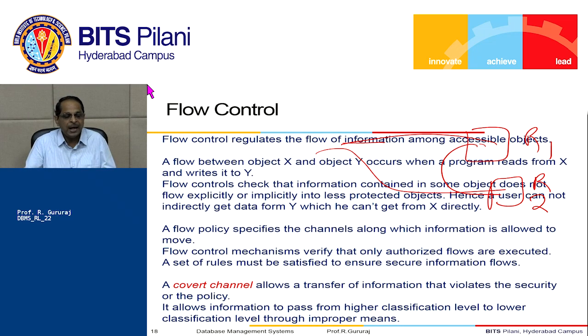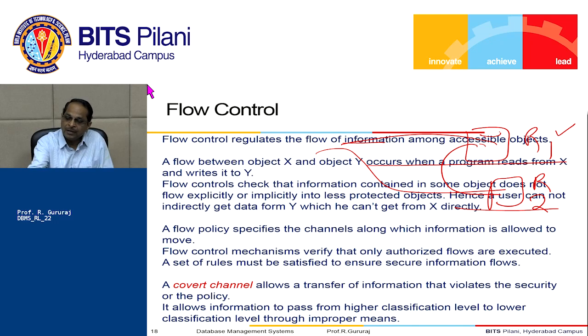Flow controls check that information contained in some objects does not flow explicitly or implicitly, that means directly or indirectly, into less protected objects. Let us assume that R1 is a highly protected, higher classified object, and R2 is less protected.